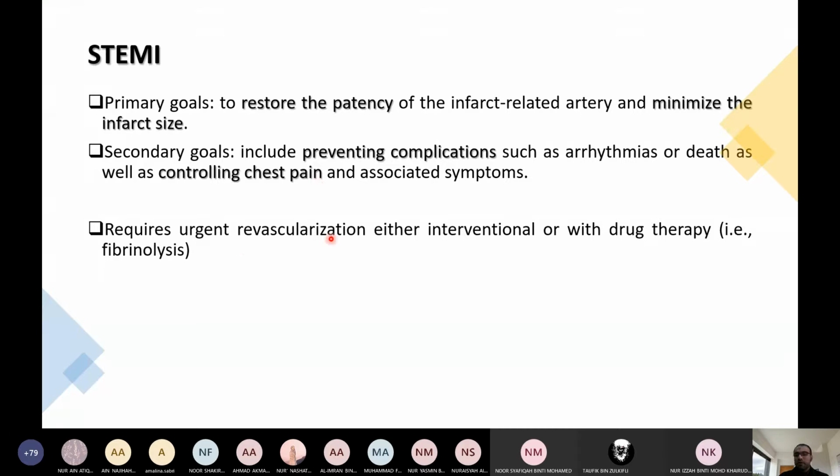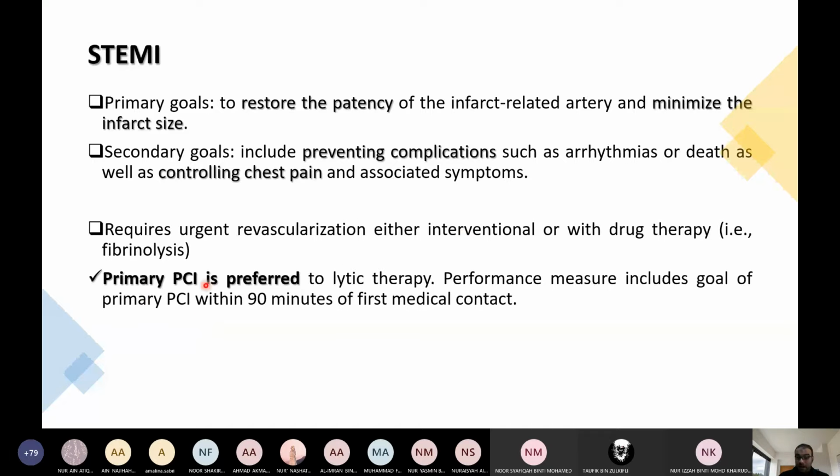It requires urgent revascularization. Revascularization means reopening, reperfusion of the artery, either by the balloon, the tool, the PCI, or by drug therapy, the fibrinolysis therapy. The primary PCI in general is the preferred approach compared to reperfusion using medication.